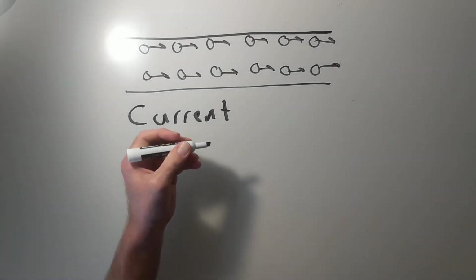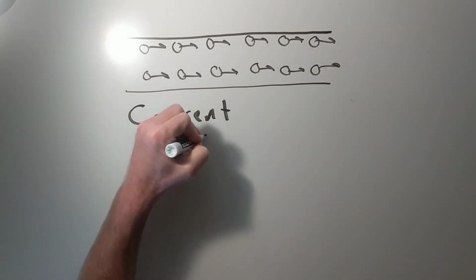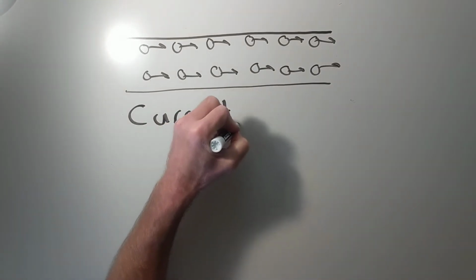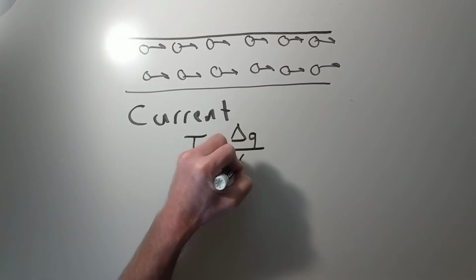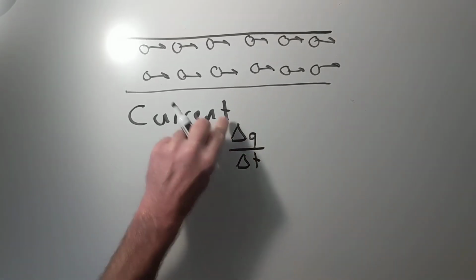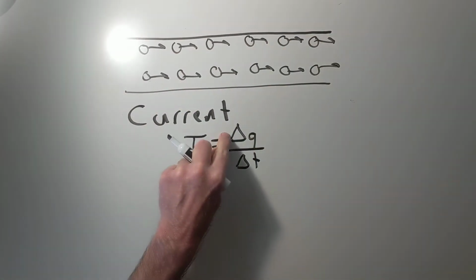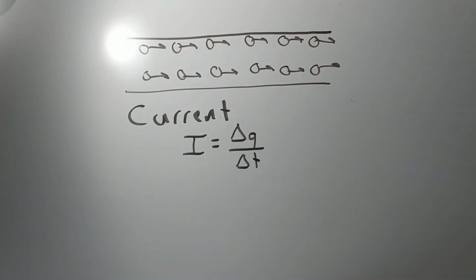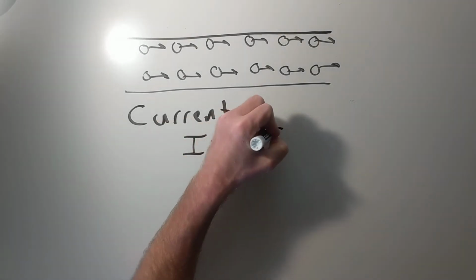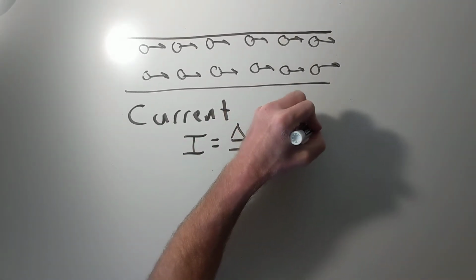Now we denote current by the symbol I. Current is change in charge over change in time. How many of these charges pass by a certain point in a given amount of time. And again, you could think of this like water in a sense. Now, charge, remember, is measured in coulombs.